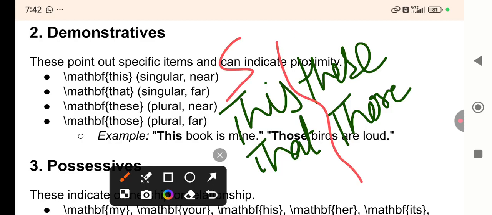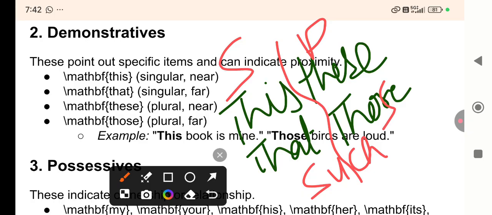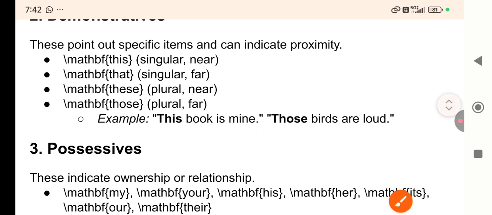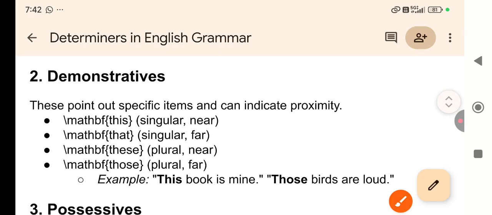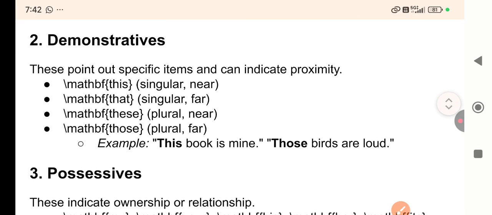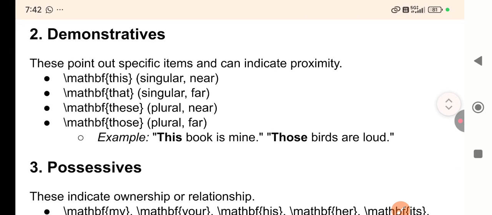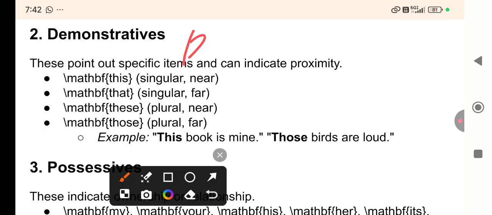This is singular, this is plural. And apart from this, one more determiner is such. This, these, that, those, and such. These are also called demonstratives or demonstrative pronouns.